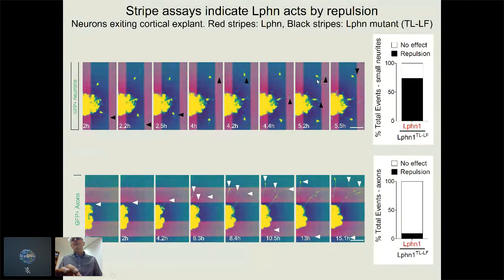I hope you can see this. Here is a neuron that tries to grow a little neurite into the latrophilin stripe, and then it retracts. Axons that are coming out of these explants don't care about latrophilin.